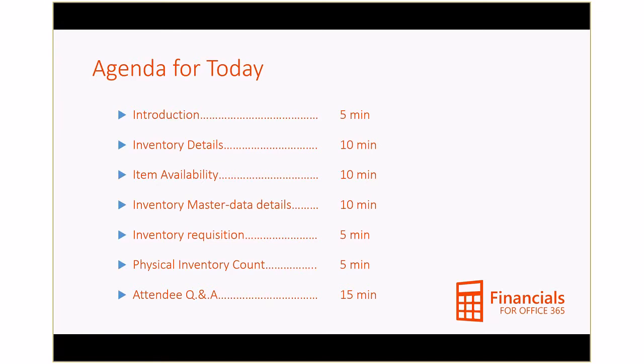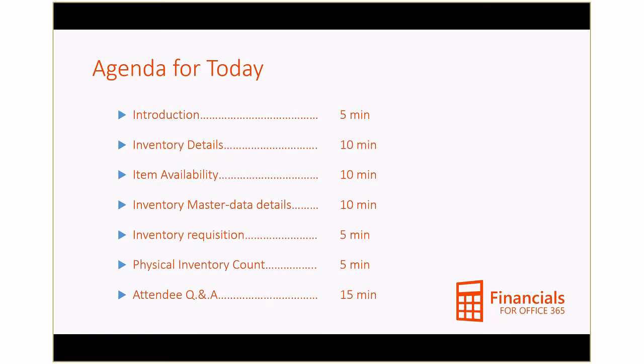Of course, we're going to touch on a very important factor there, inventory availability. This is one of the main features that makes it very powerful within the software: being able to see the availability of your inventory, even the components of your items, if you have a bill of materials.